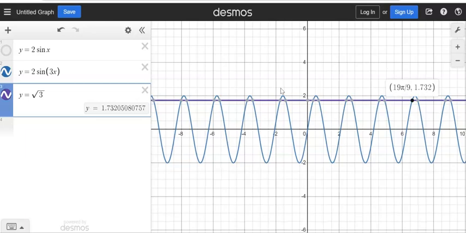I know that if I went any further, 19 pi over 9 is outside of my range of 2 pi, because that would be equivalent to 18 pi over 9. So that is outside of what I can have for the domain of my values based on the restrictions that I was given.